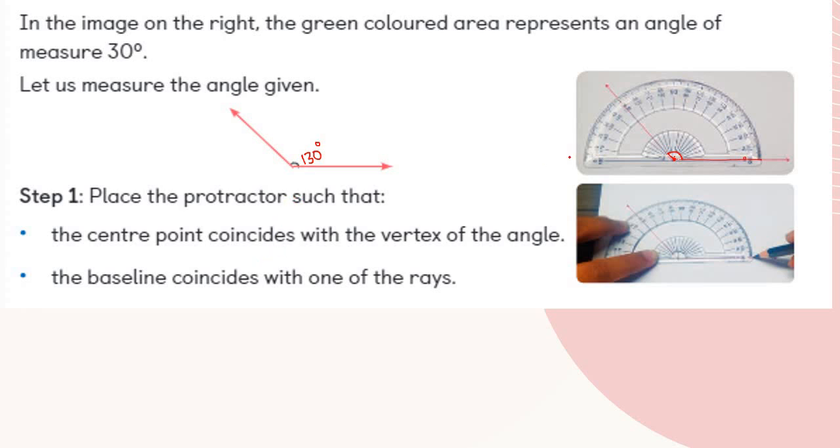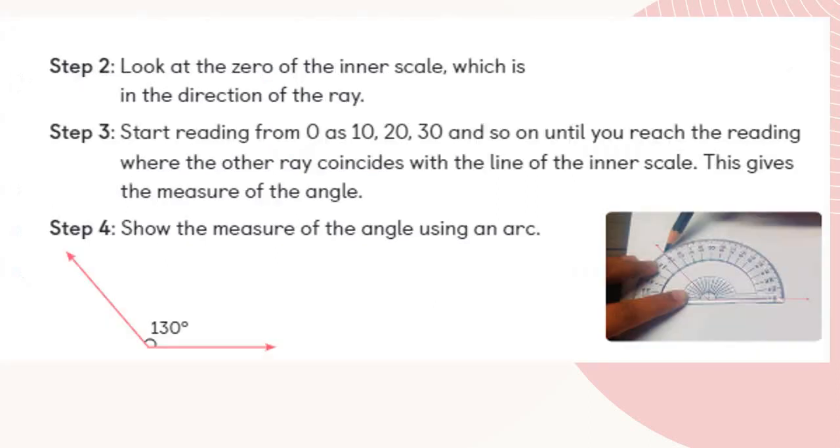The angle shows the measure of 130 degrees. And you show the measure of the angle using an arc like this. You have to use an arc to show this angle. Is it clear, children? How to measure an angle using a protractor?